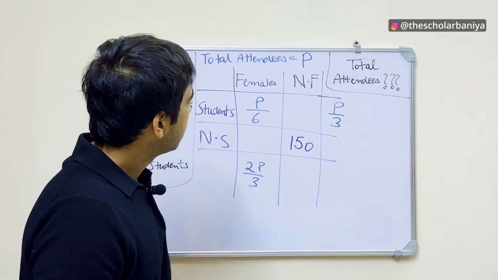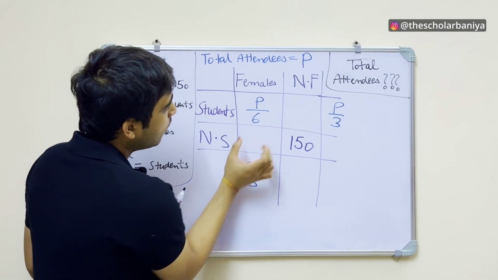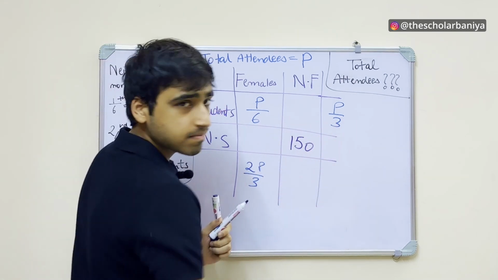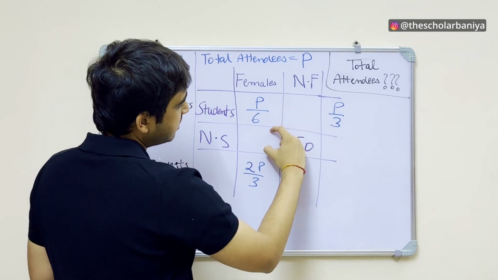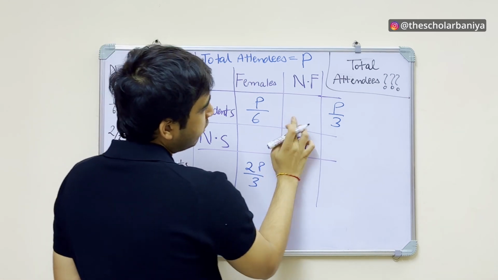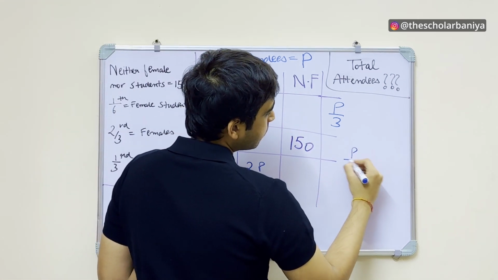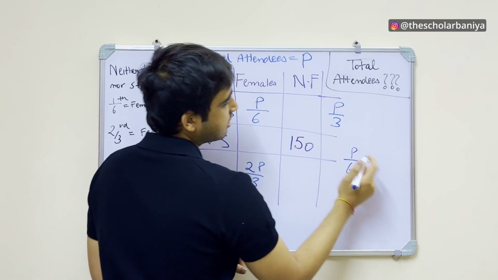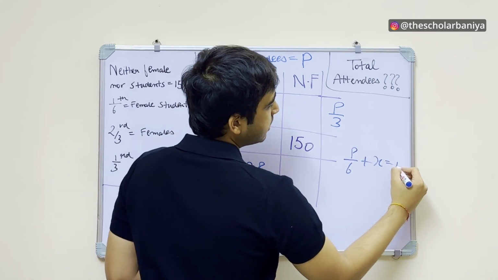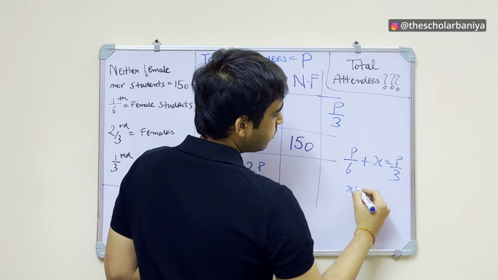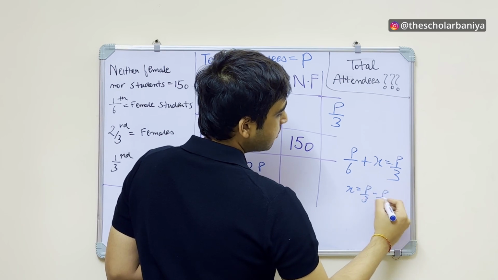Okay. Now tell me one thing. Obviously this plus this will be this, right? So what will be this? This will be, for example, P upon 6 plus X is equal to P upon 3. So X is equal to P upon 3 minus P by 6.